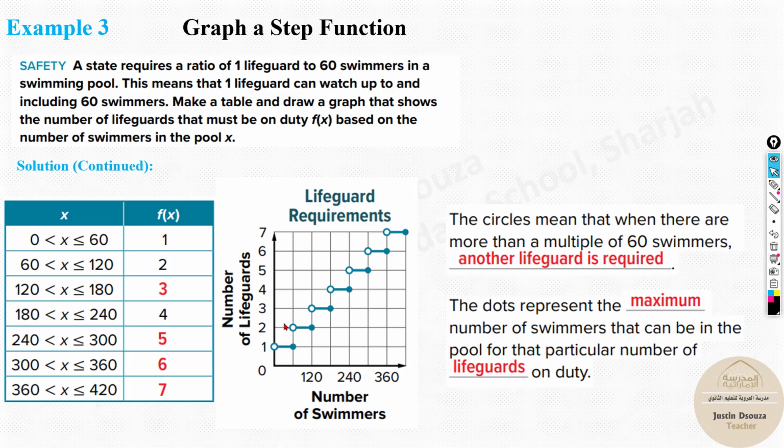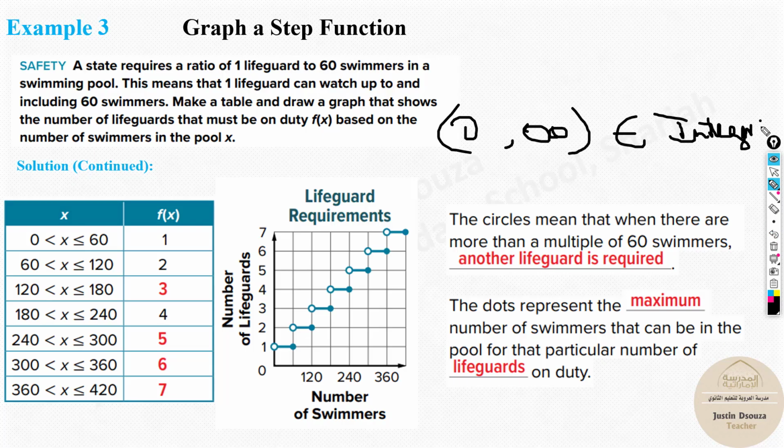You can't have human beings as half or 1.5, 2.5. You can just have an integer number: 1, 2, 3, 4. In this case, you can't have any values less than 0. So it would be 0 comma infinity, but all of this belongs to Z. Z is integers. If you don't remember that, just write integers, but Z is the short form for integers.